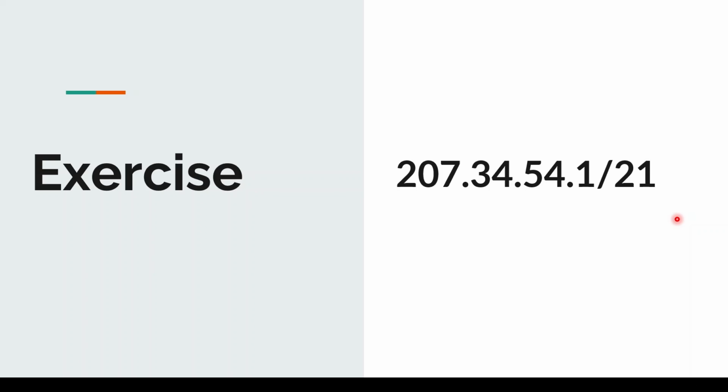I want you to calculate the network ID and then the broadcast IP, and then type your answers in the comment section below. So what you're going to do is 207.34.54.1/21. A bit of a hint, you have 21 bits reserved for the network. So perform this and let me know your answers in the comment section below.